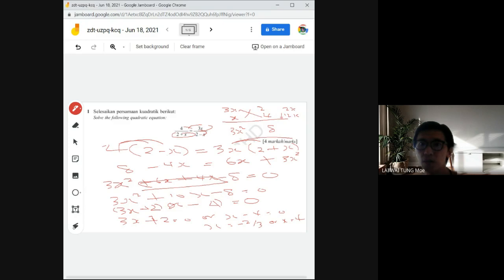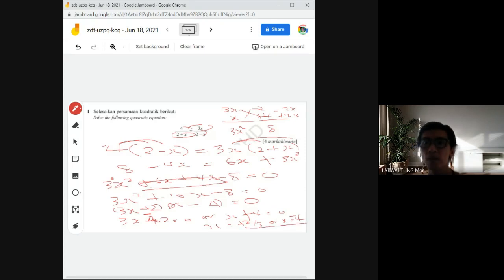So positive, negative, positive, negative. Okay, I think I got it wrong. This one should be negative. Sorry, this one should be negative, not positive. This one should be negative, and then this one should be positive. So this one is negative 4, and this one is positive 2 over 3. Okay, so you get this answer.